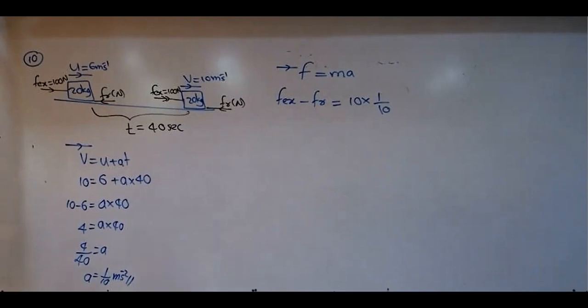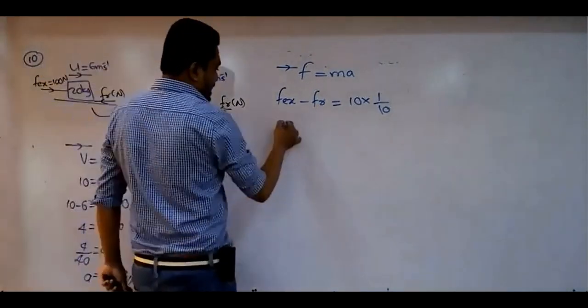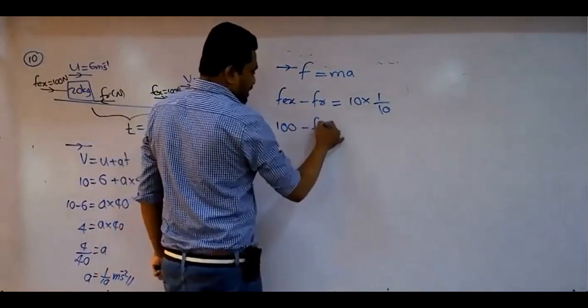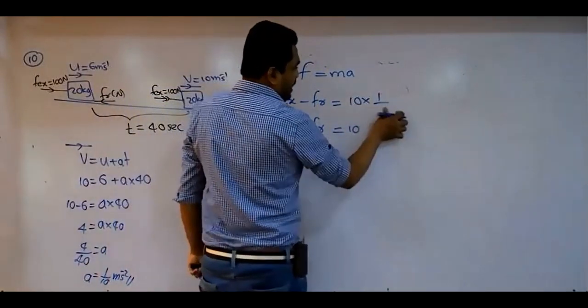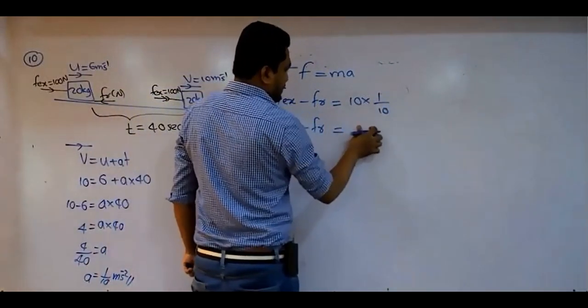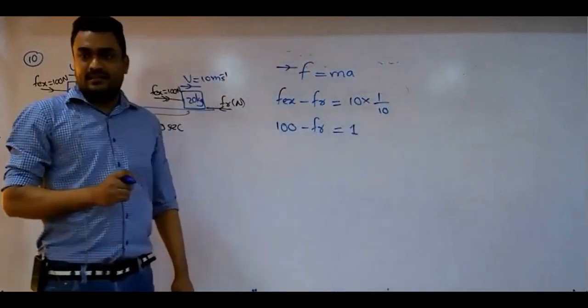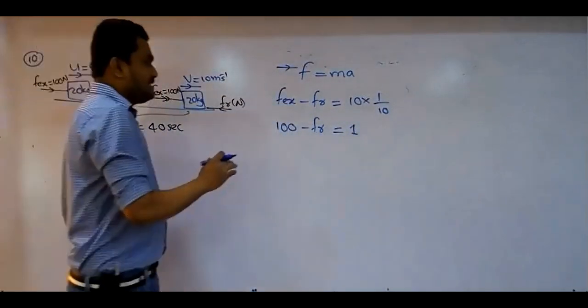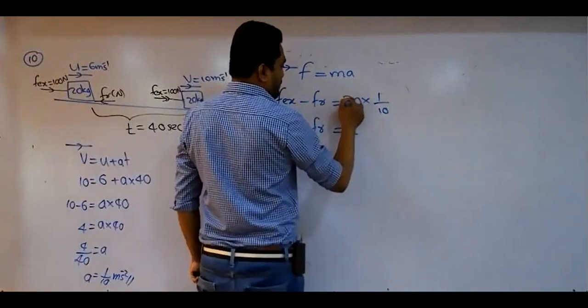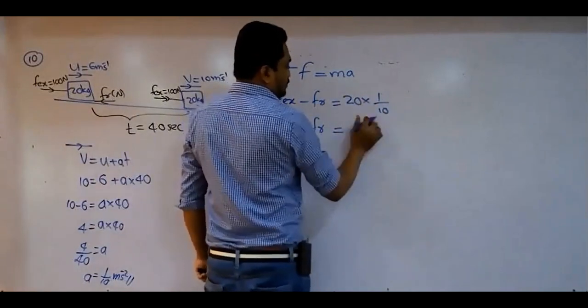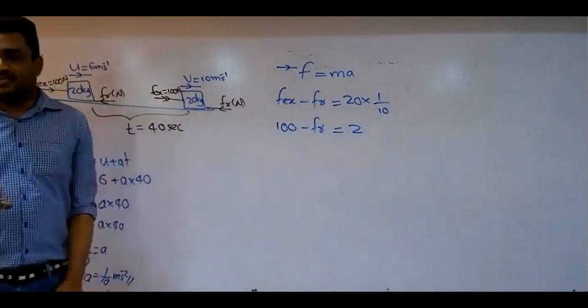Right. The external force is given as 100. I want to find the friction force. This 10 and 10 cancel out. Therefore, the acceleration is only 1. Am I right here? Is mass 20? Sorry, mass is 20 kilograms. So 20 divided by 10 is 2. Mass is 20 kilograms, I made a mistake.